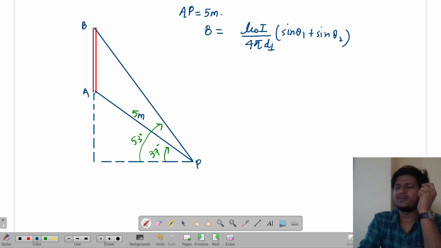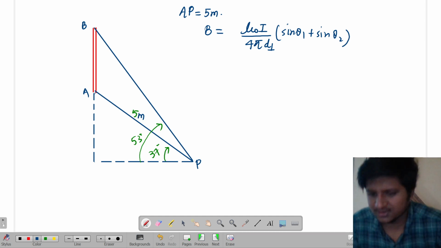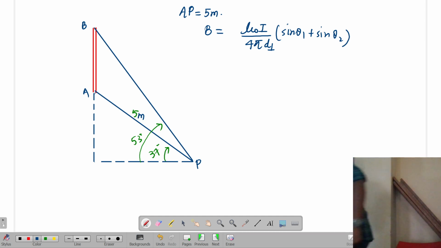You guys are not remembering any kind of formula here. Do this question fast.